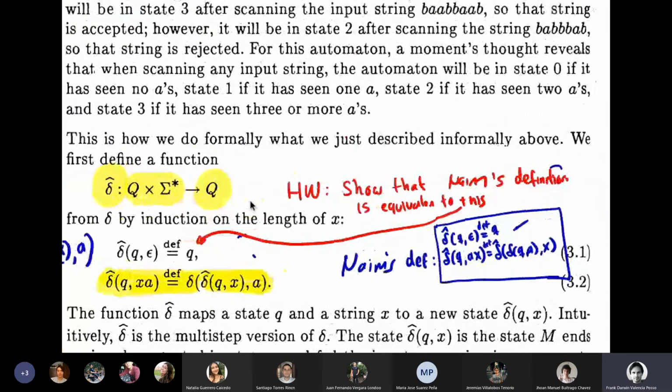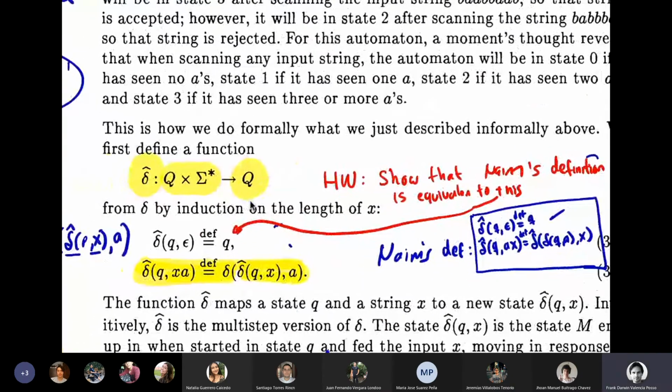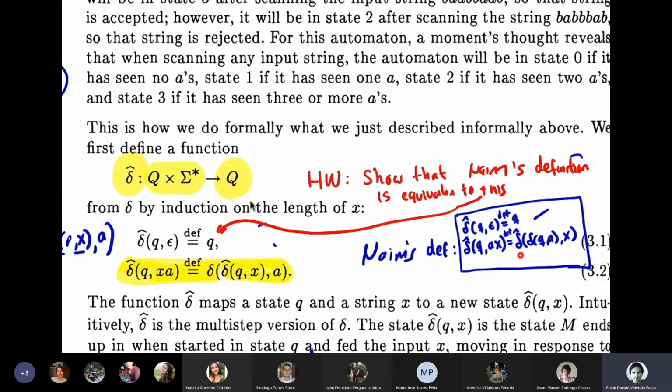So we have two definitions. I'll put them here. This is this one, and this is the other one that we just saw with Joan.